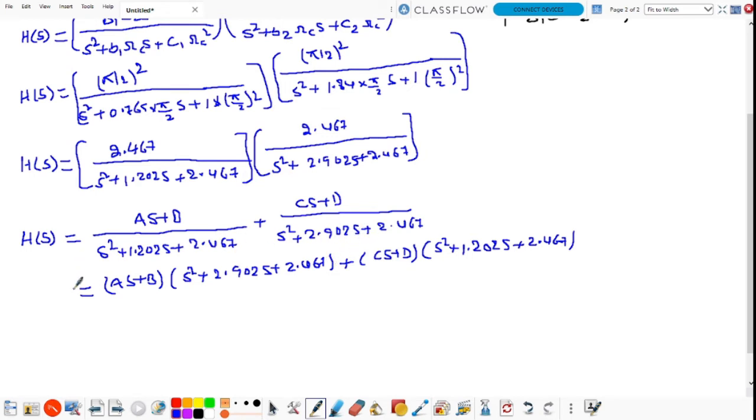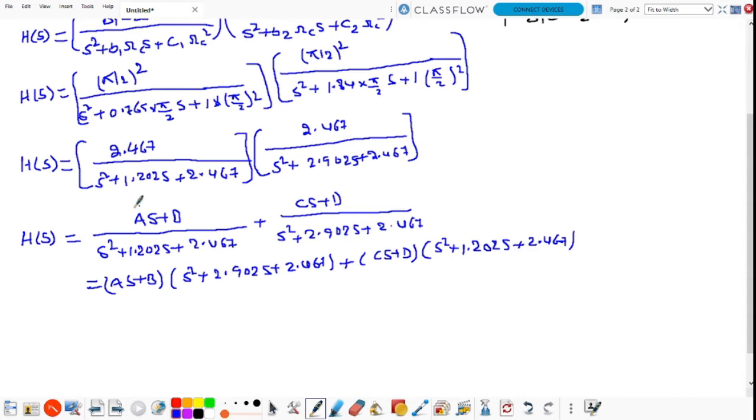So on LHS side, H of s is there. H of s means, what is H of s value? This is H of s value. LHS term is this value.